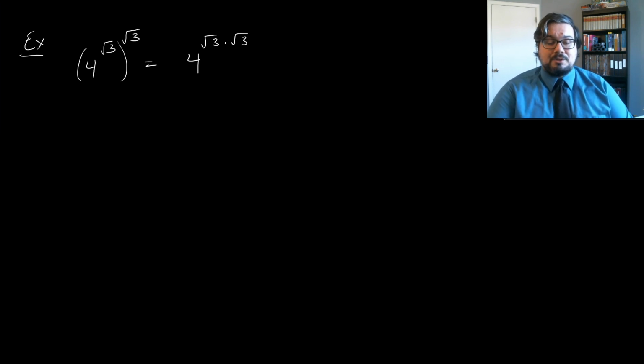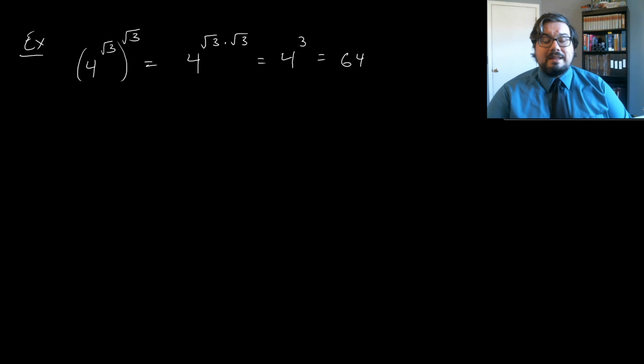I multiply those two powers together. And therefore, square root of 3 times square root of 3 is just 3, and therefore we can simplify this expression down to just 64.